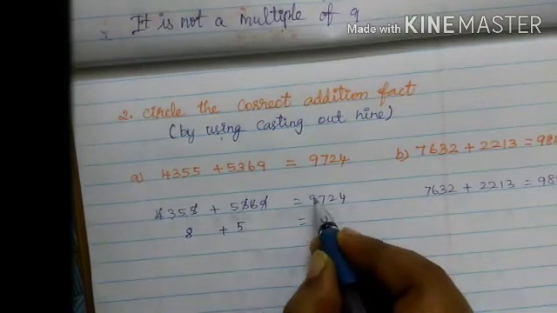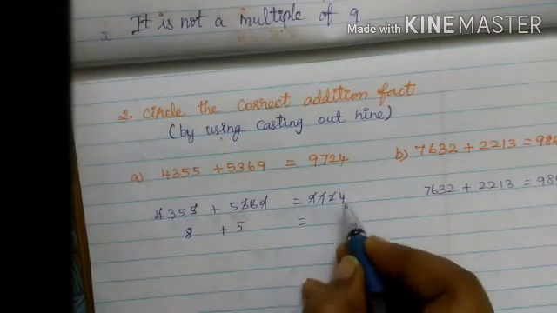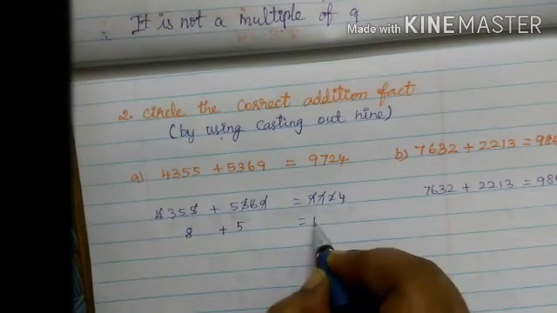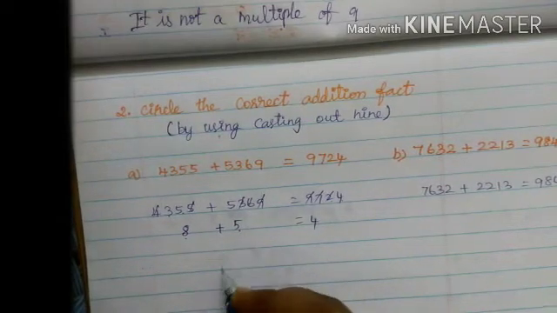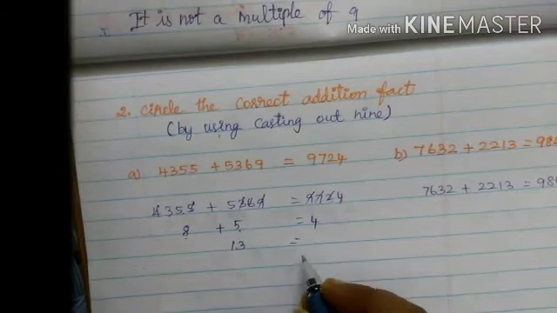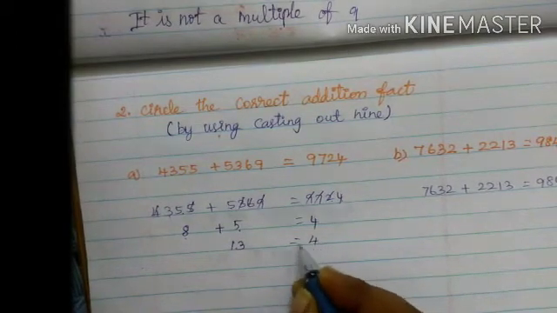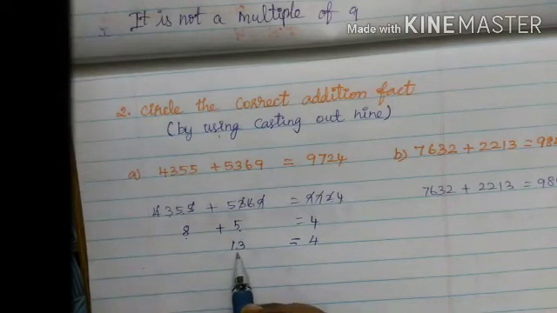Then here 9, leave it. 7 plus 2, 9, leave it. Then remaining is 4 only. Then 8 plus 5, 13.